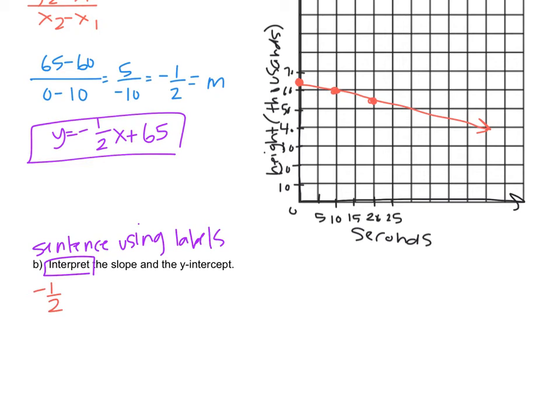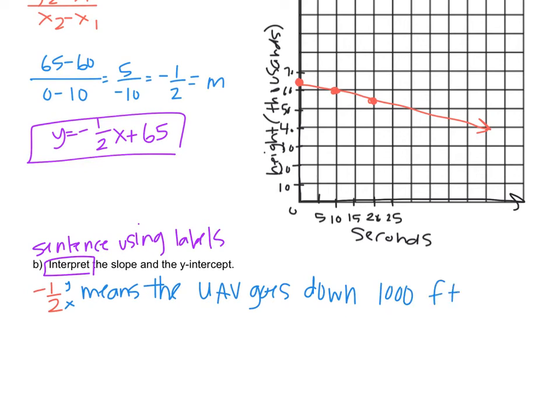Negative 1 stands for the y value, and 2 stands for the x value. So what this means is that it goes down 1,000 feet every 2 seconds. Remember, slope has each, every, and per.